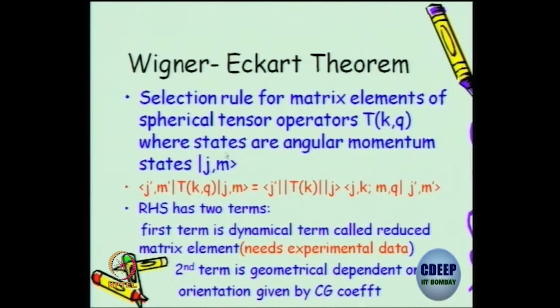That's it. M has to be M dash. And similarly for vector operators, suppose I put M dash as M plus 2. If suppose this was an irreducible tensor of rank 1, Q will be plus or minus 1 and 0. When you add an M to it, I need to get M prime, right? If I put M prime to be, let's say, M plus 3, it's going to be trivially 0.